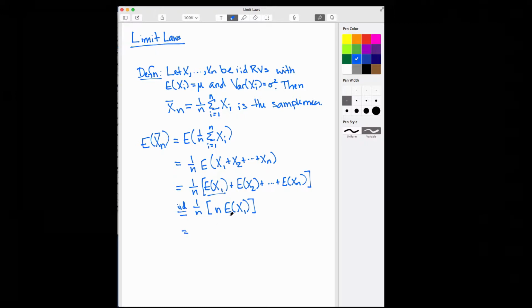And we know what that expected value is because the expected value is mu as defined above, and so we get 1 over n times n mu, which simplifies down to mu. And so this is a very nice property of the sample mean, especially because if the mean of our random variable is mu, we know that we can then estimate the mean using the sample mean, and that's what we would call an unbiased estimator in statistics because the expectation is equal to the mean that we think it should be.